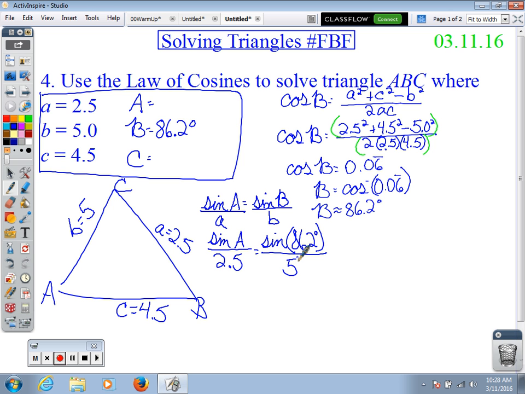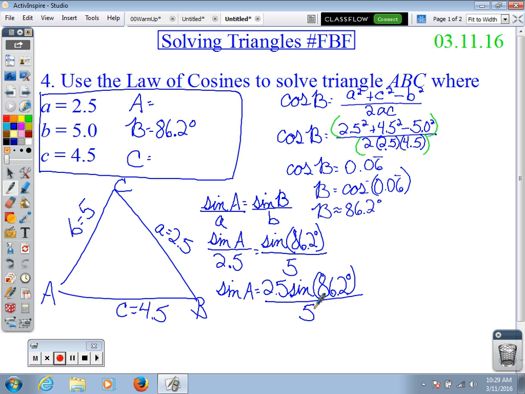Okay, then the quick thing to do, multiply both sides by 2.5, and we'll have that the sine of A is equal to 2.5 times the sine of 86.2 degrees all over 5.